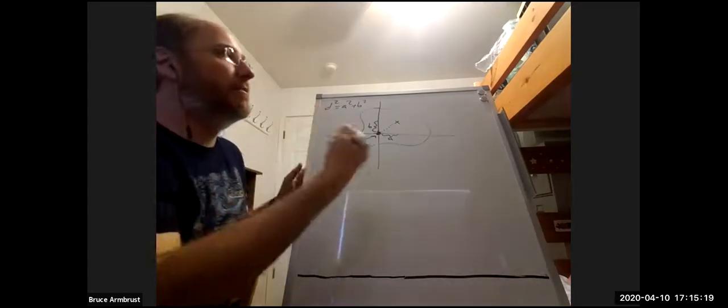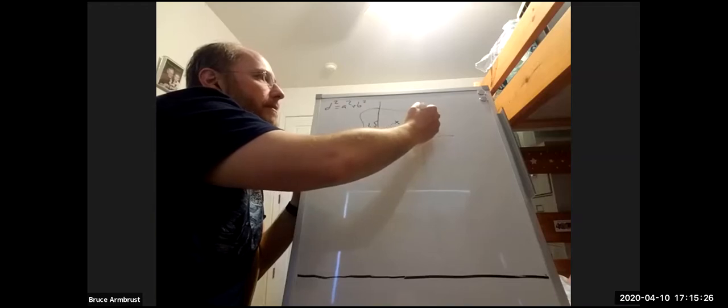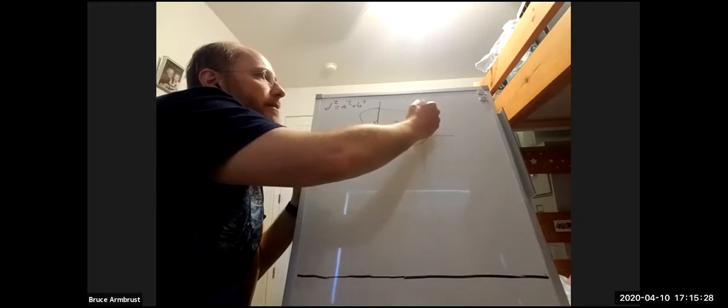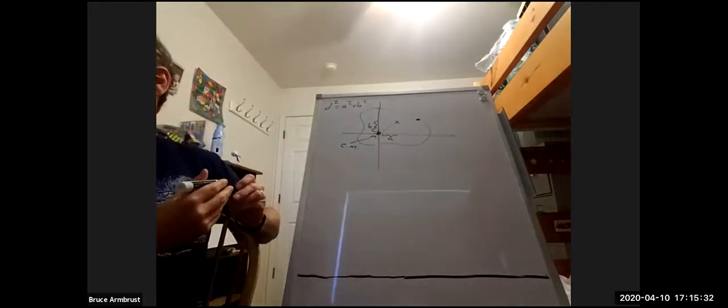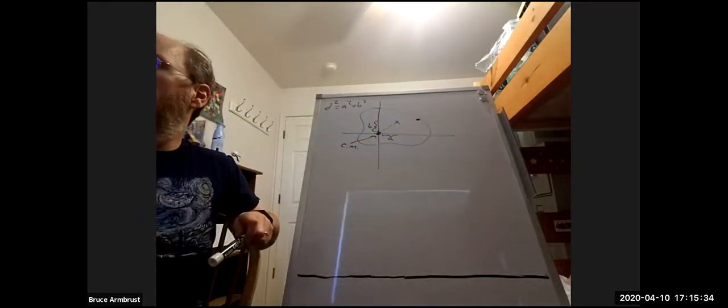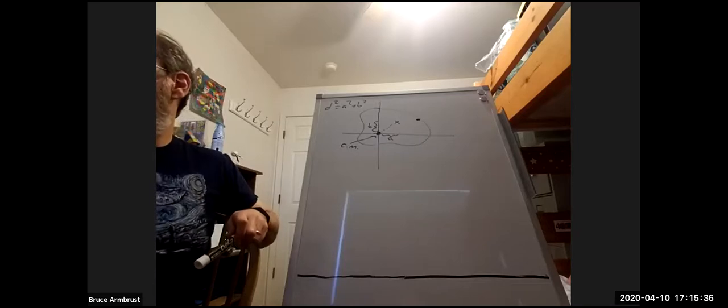Now, let's look at the moment of inertia of a point somewhere out here. Let's put it right here. So it's not on the edge, but it could be on the edge. It doesn't really matter. It's just some point that's on our object.